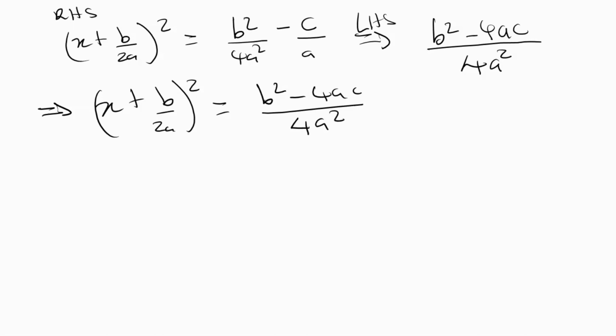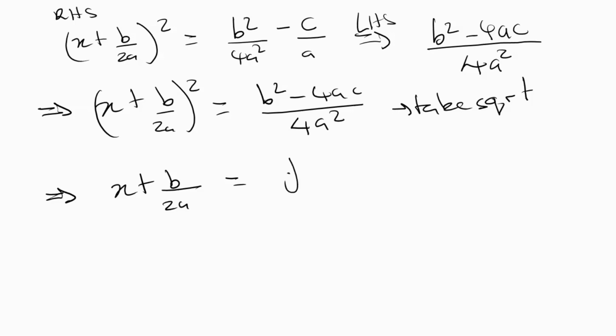We know that to simplify, we can take the square root, right? So just take the square root on both sides. So if you take the square root here, this will be x plus b over 2a is equal to the square root of b squared minus 4ac over 4a squared.